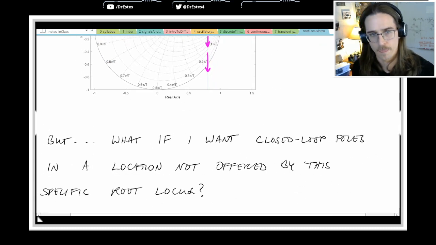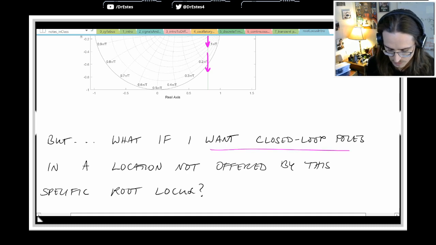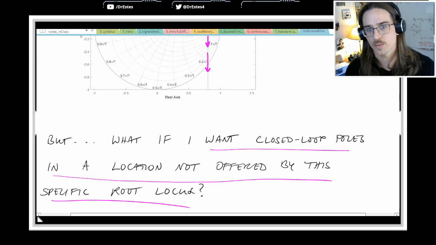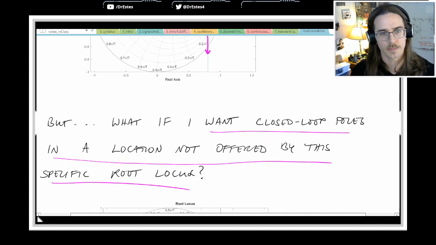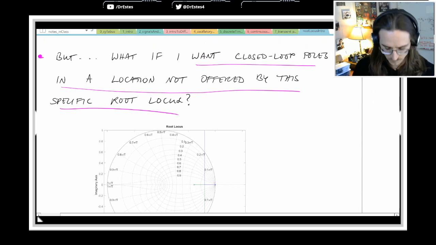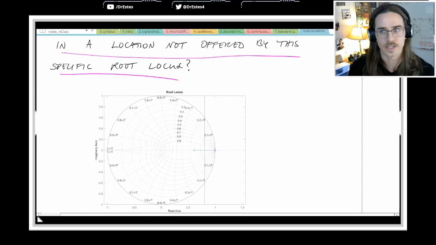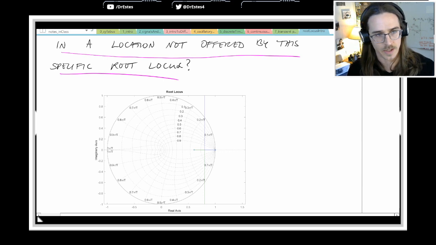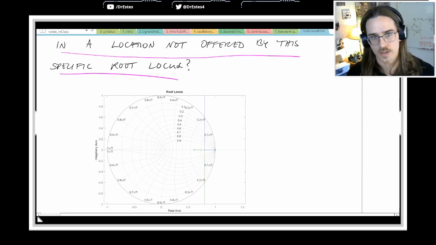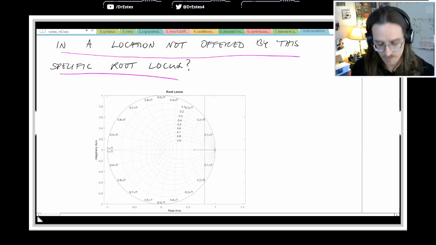Here's the question. What if I want closed loop poles in a location that's not offered by this specific root locus? Here's what I mean. Here's the same figure down below. And remember, if I change my gain K, my closed loop poles can be anywhere on this root locus. But what if I want poles in a place that's not offered by the root locus?